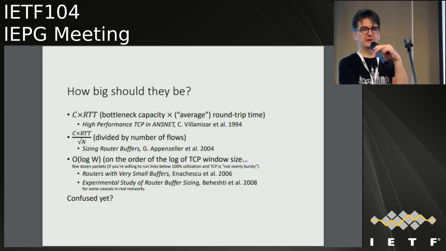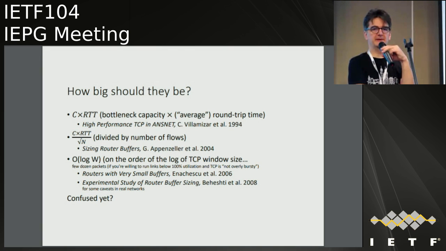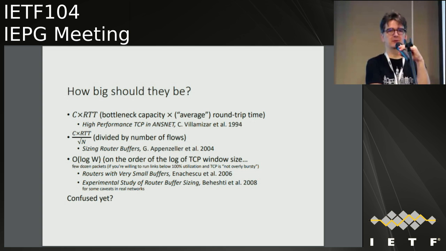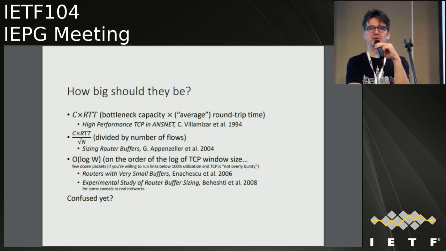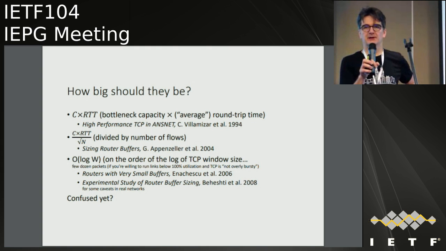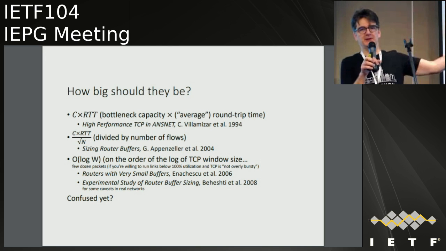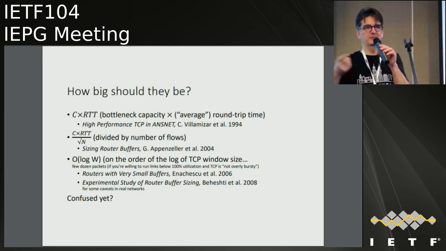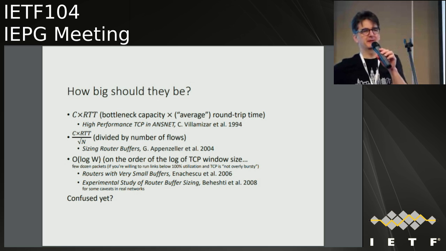That is the work of Curtis Villamizar and others on ANSNet in the early to mid-90s, which ended up recommending to have buffer space in the router, at least the bottleneck router or switch, that corresponds to the overall end-to-end round-trip time, which is the average, I think, times the bottleneck bandwidth.